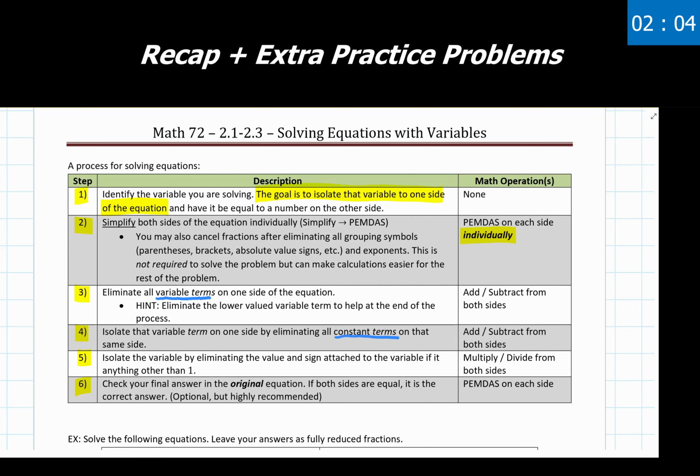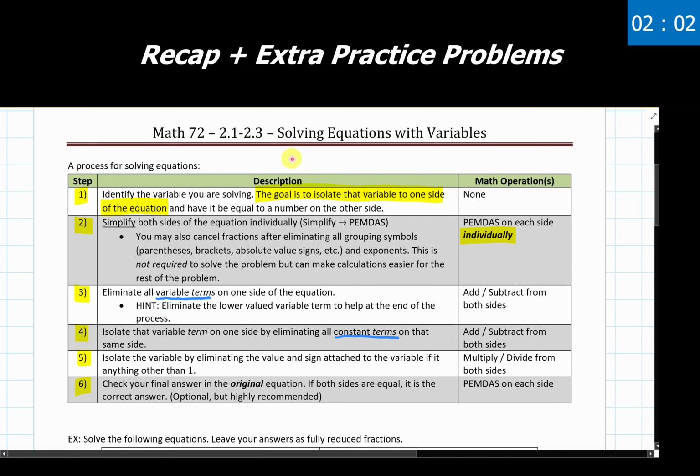So as a quick recap of what we covered today, we were solving linear equations with variables. We wanted to identify what we're solving for. We're simplifying both sides of the equation. Whenever we are simplifying, we're using PEMDAS, our order of operations. That's discussed in a previous video if necessary, or other videos on this channel if you'd like to check those out.